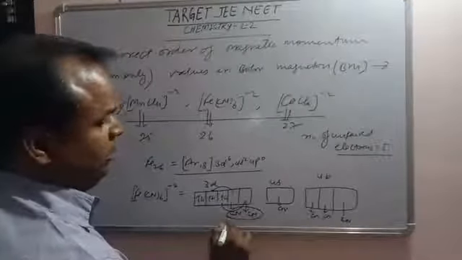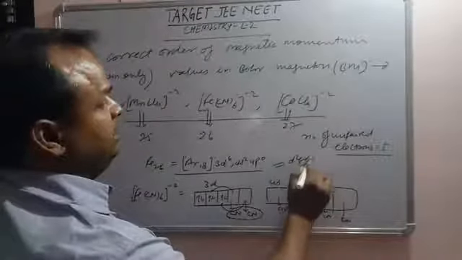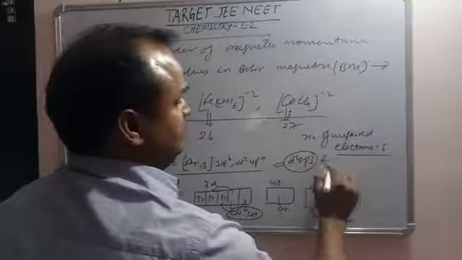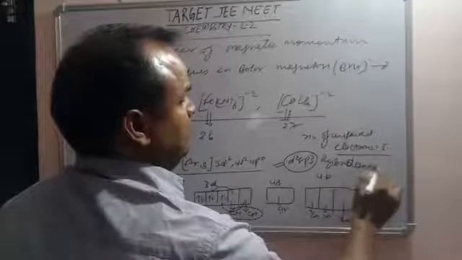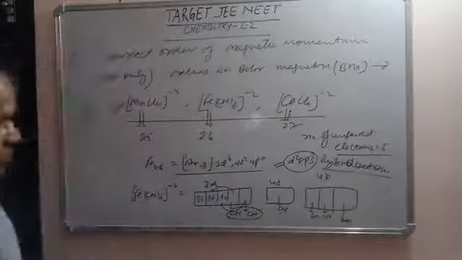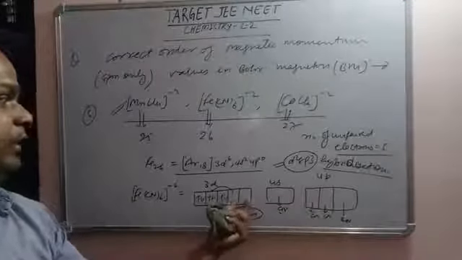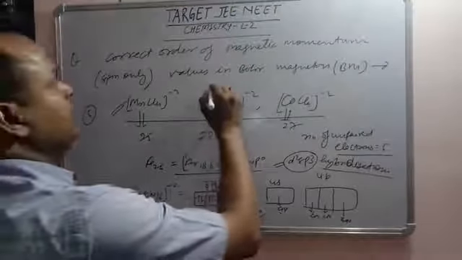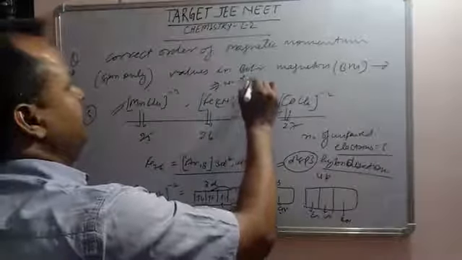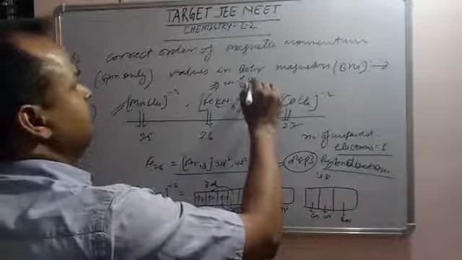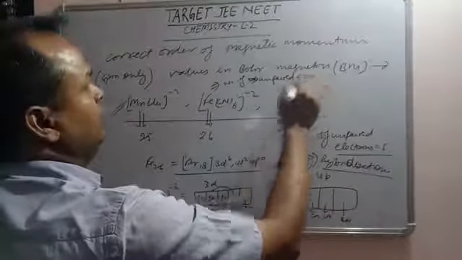So 2d, 1s and 3p, this becomes d2sp3 hybridization. By this figure you can clearly say that there are no unpaired electrons. It means the number of unpaired electrons is equal to 0.